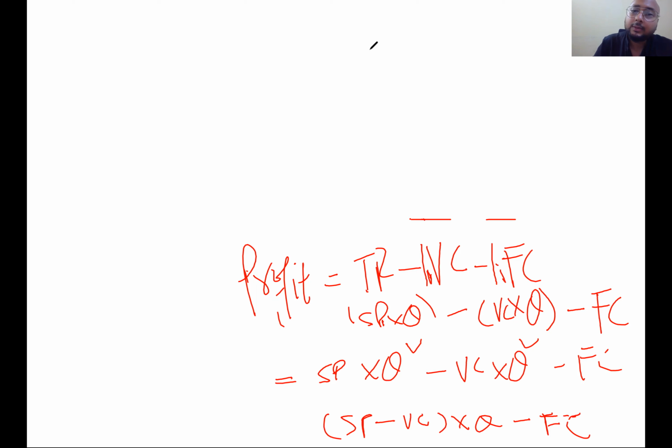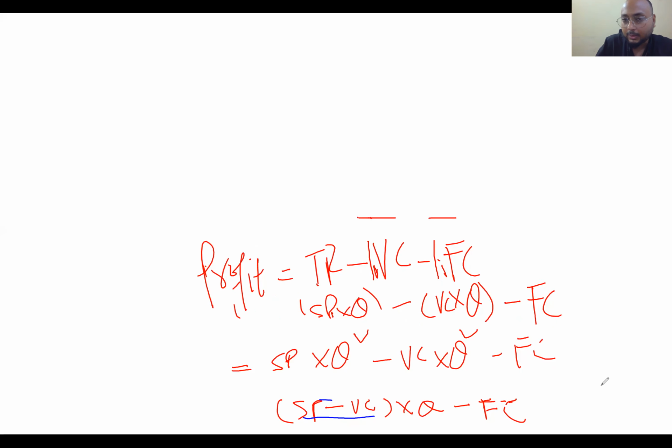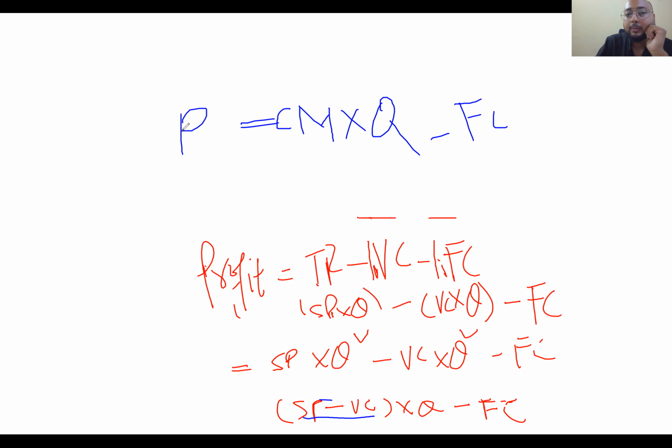So if we replace sale price minus variable cost with the CM, instead of writing SP minus VC, this would be CM multiplied by quantity minus fixed cost, which is your profit.